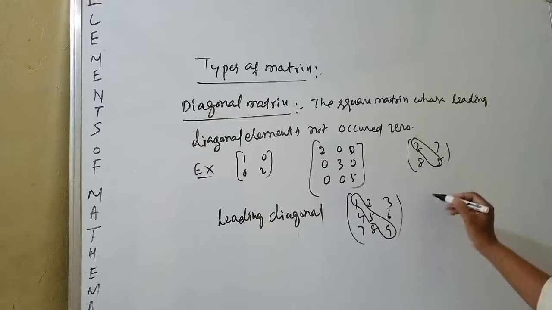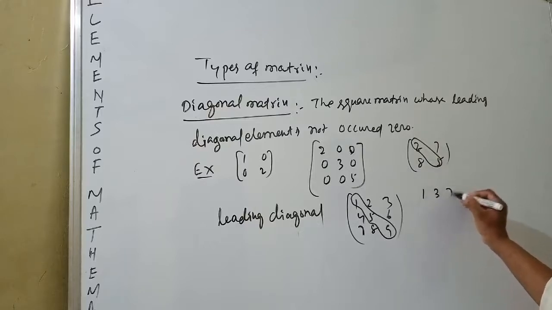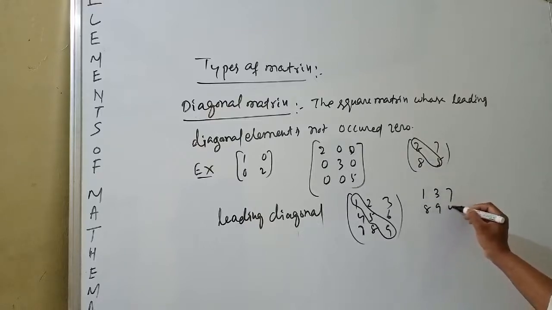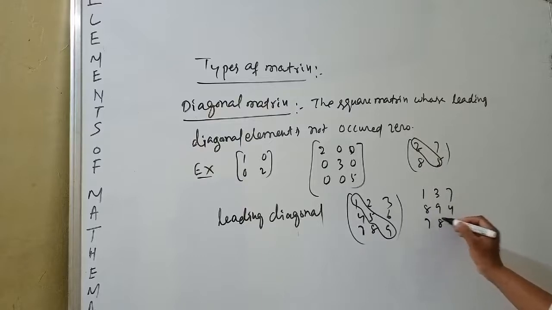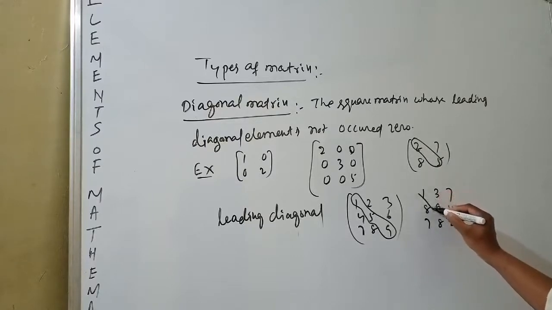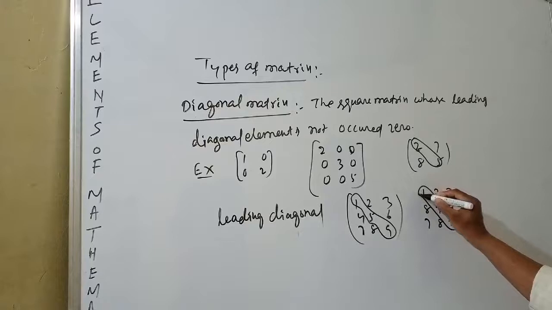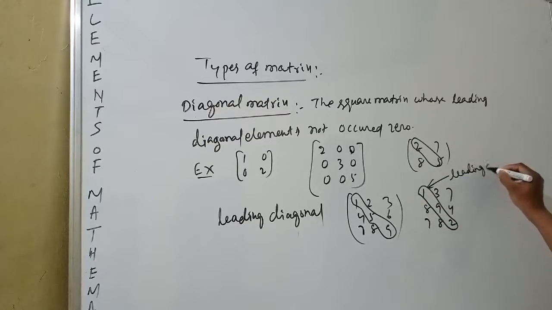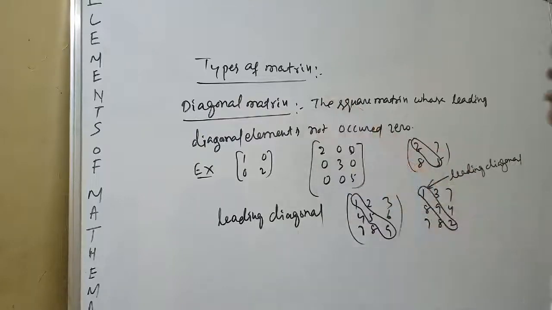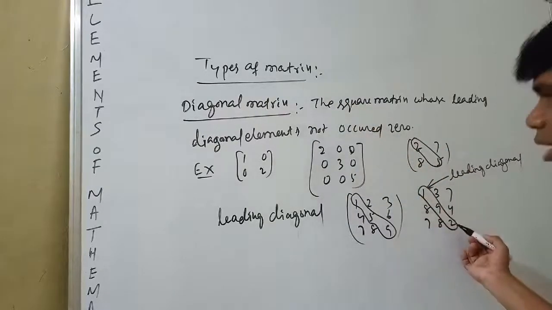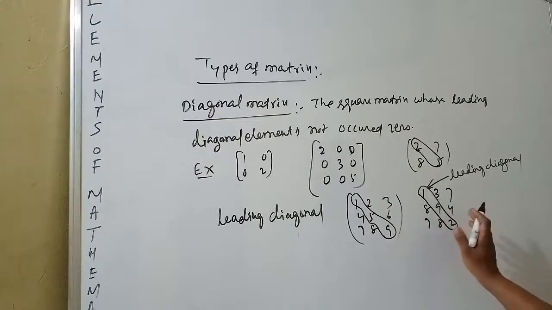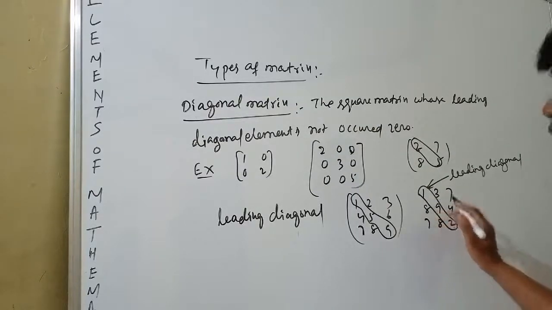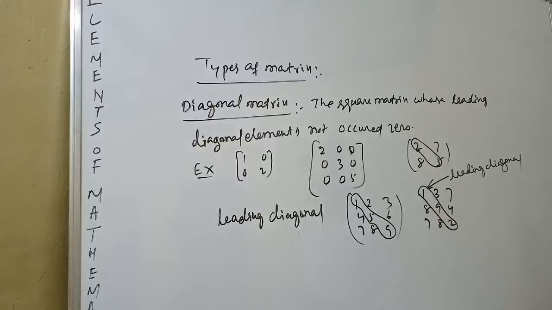Suppose I write 1 3 7 8 9 4 7 8 2. This is the leading diagonal. In this diagonal matrix, the leading diagonal should not be 0, and the other elements are 0. Understood?